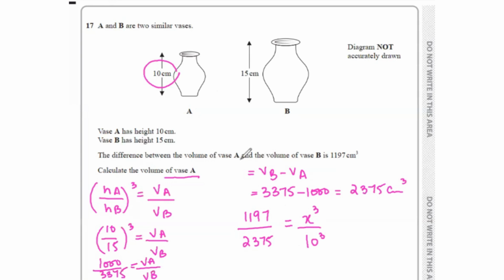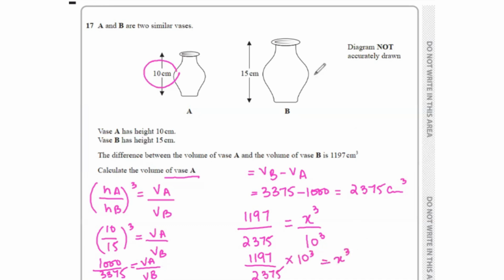Because they only gave us the difference of volume of vase A and volume of vase B. But the difference that we found using the similar shapes formula is 2,375. So you make a fraction of that for the differences and you put it equal to the heights for vase A that are given and the one that we're trying to find. So that's going to be 1,197 divided by 2,375 times 10 cube, which is equal to x cube.